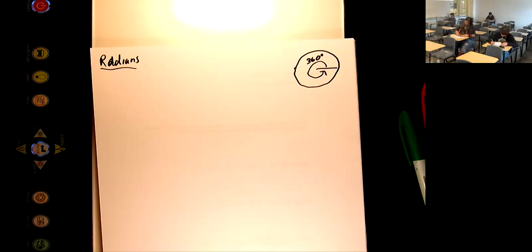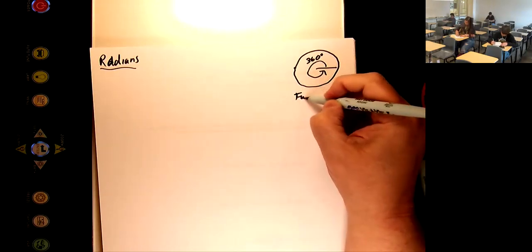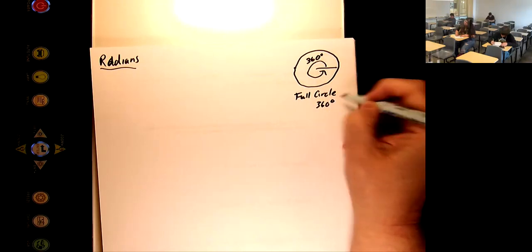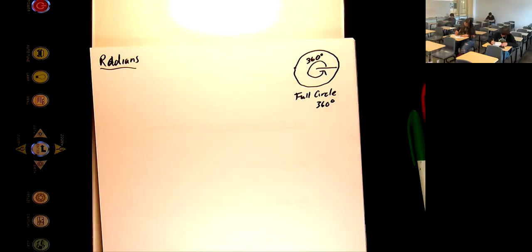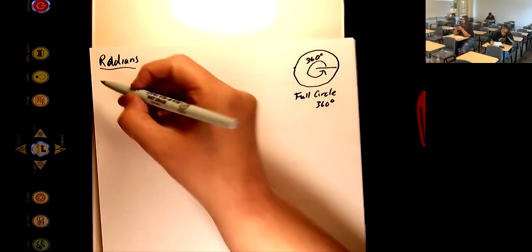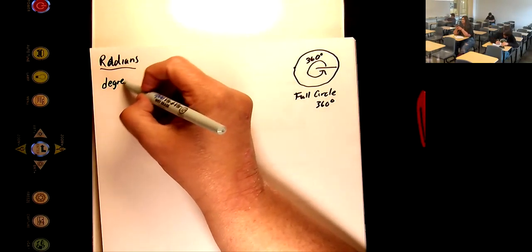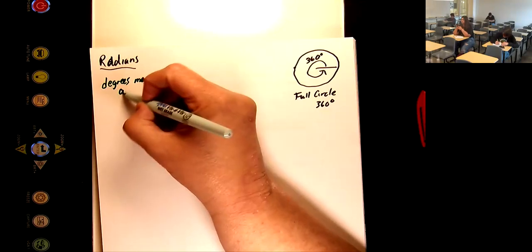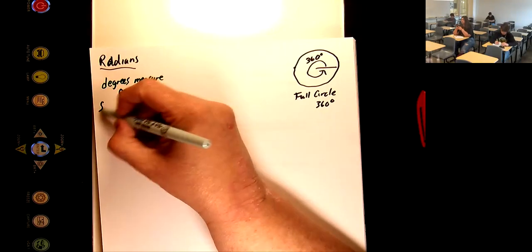A full circle is 360 degrees. Radians is also a measure of angle. So degrees measure angle, so do radians.